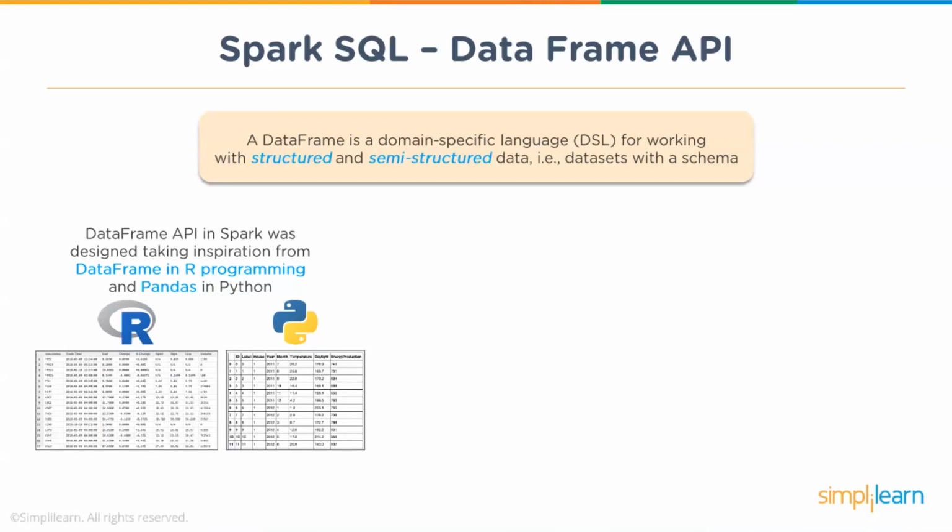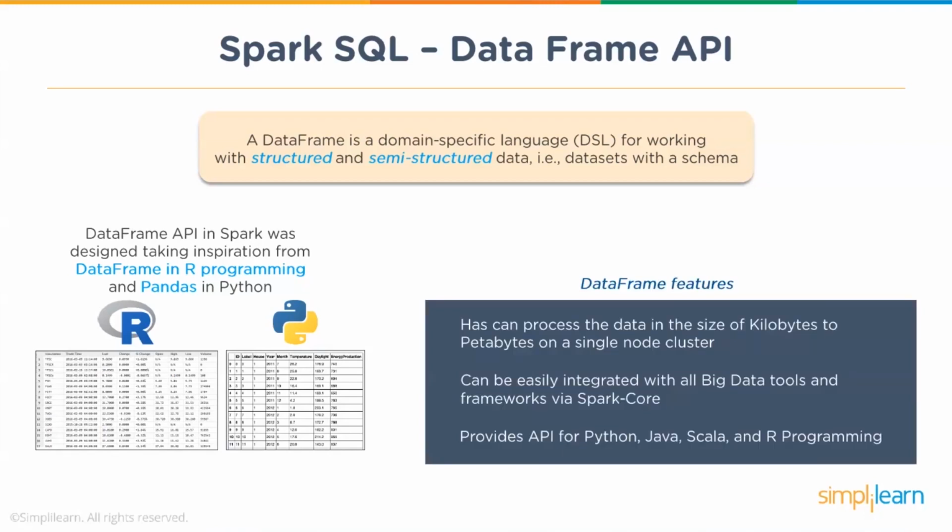So data frames can be constructed from a wide array of sources, such as your structured data files, tables in Hive, external databases, or even existing RDDs. Again, your data frame API is available in Scala, Java, Python, and R programming, and your data frame is represented by a data set of rows. We can just say data frame is simply an alias of your data set of rows.